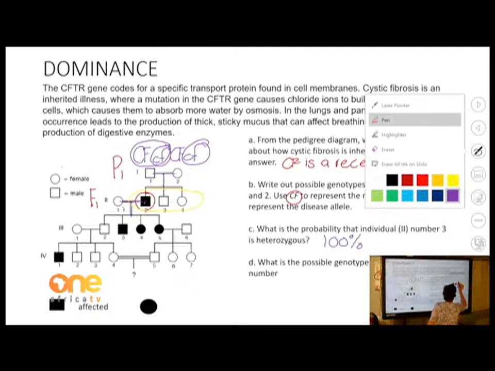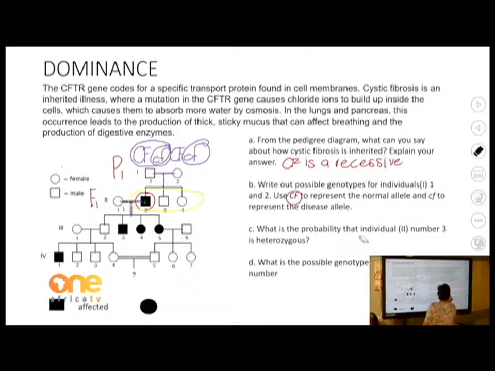I don't agree with myself. What is the probability? The parents are heterozygous, heterozygous. When we test heterozygous with heterozygous, we know that the possibility is 1.